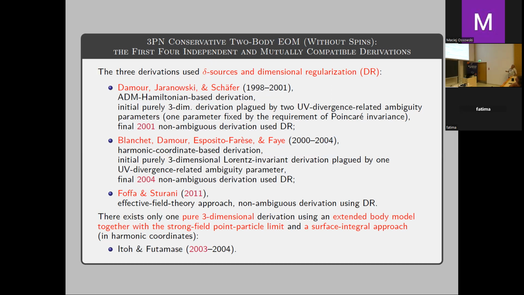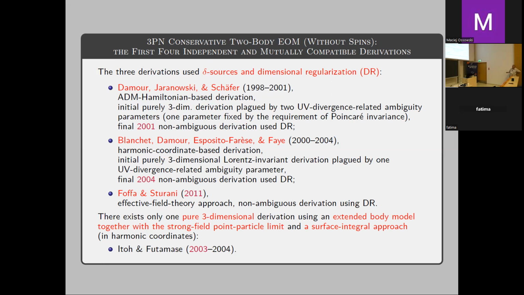So the first successful computation was in 2001 by this DJS staff. Then there was another computation, both used Dirac delta sources and dimensional regularization. Afterwards, the effective field theory approach also computed 3PN equations of motion. And what is interesting to add here is that there exists only one pure three-dimensional derivation.